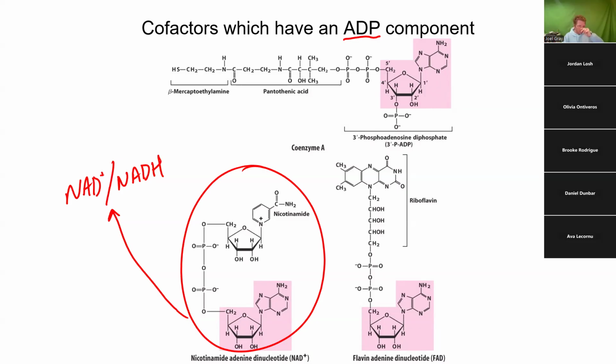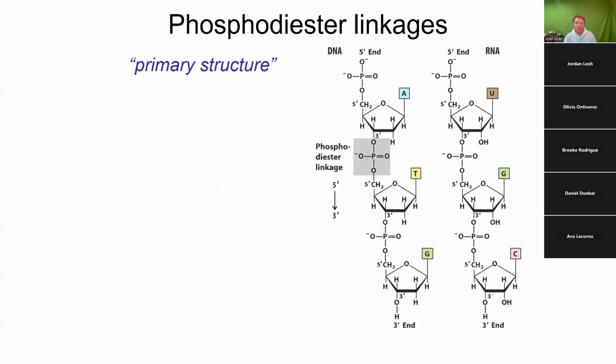Okay, now when we think about DNA and RNA, it's pretty common to think about a double-stranded piece of DNA or a single-stranded piece of RNA. I mentioned those two because those are the most common, classical ways in which DNA and RNA are discussed: RNA as a single-stranded molecule and DNA as a double-stranded molecule.